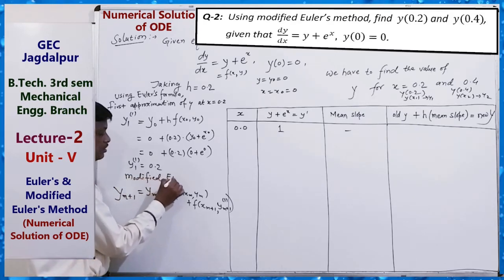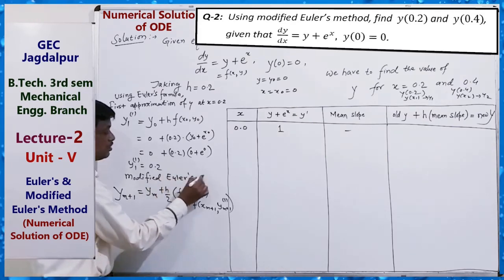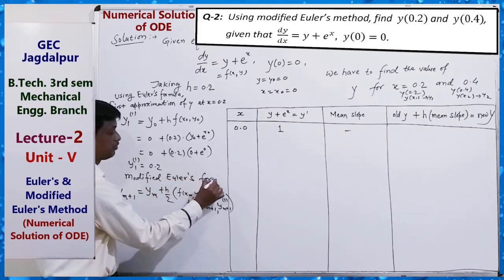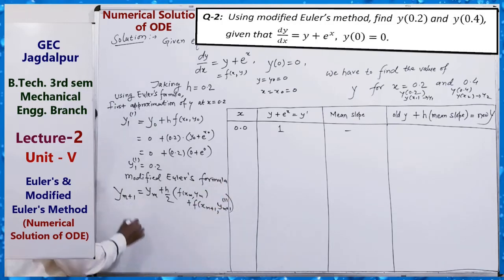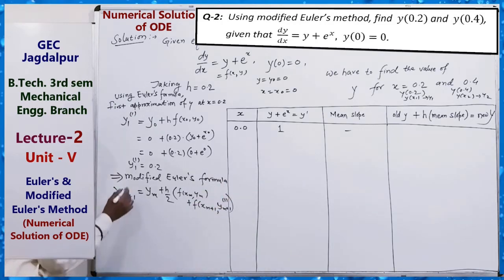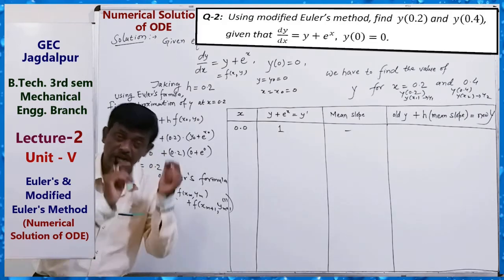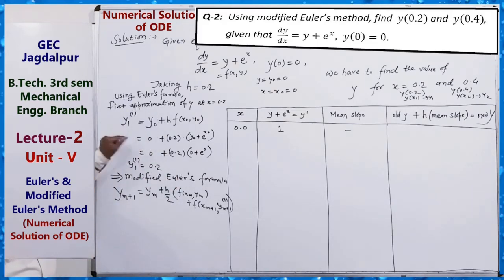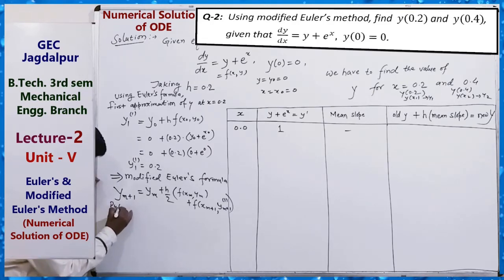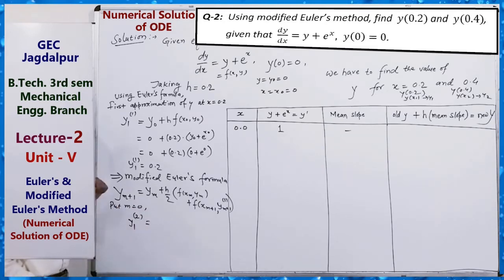Modified Euler's formula for the second approximation, the second approximation of y1. We will use this, putting m equals 0, and we get y1, the second approximation. For the second approximation we use this formula.